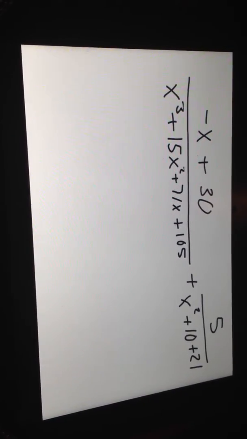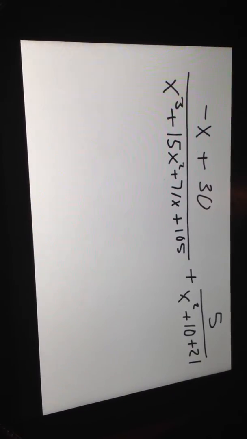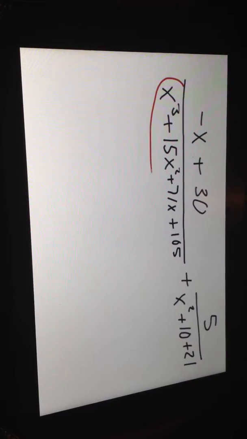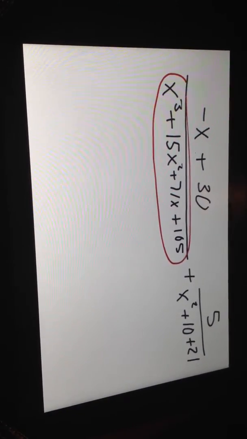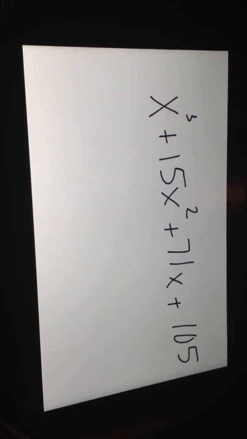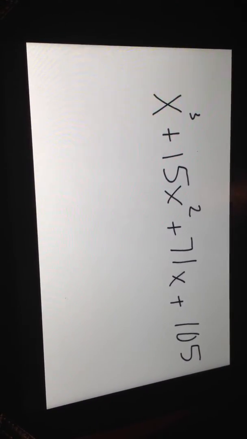If you can't see it when it's in standard form, you'll probably be able to find it when it's in factored form. So we're going to start with this huge one right here on the bottom, and we're just going to take that out. The first thing we're going to look at is to see if it will group.